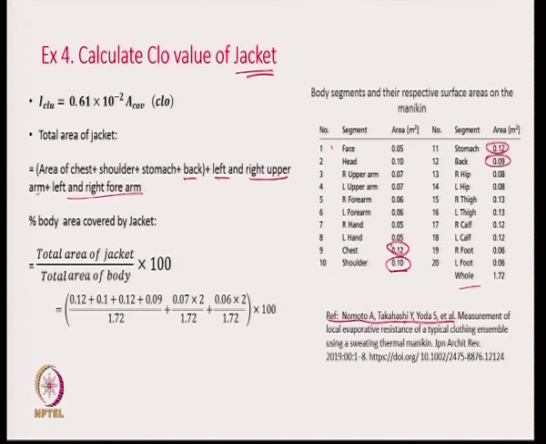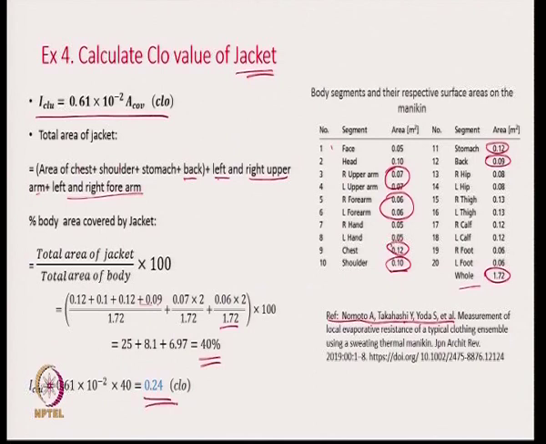These values are stated here, and in terms of proportion I will divide it by 1.72, that is the whole area of the body. Standard we generally choose 1.8, but this mannequin has 1.72. Then left and right upper arm values are 0.07 into 2, and left and right forearm 0.06 into 2, divided by 1.72 into 100. So, that is the body area which will be covered, that gives you a figure around 40%. So, a jacket is going to cover 40% of the body area. If this value we use in this equation, we get a figure of 0.24 clo.